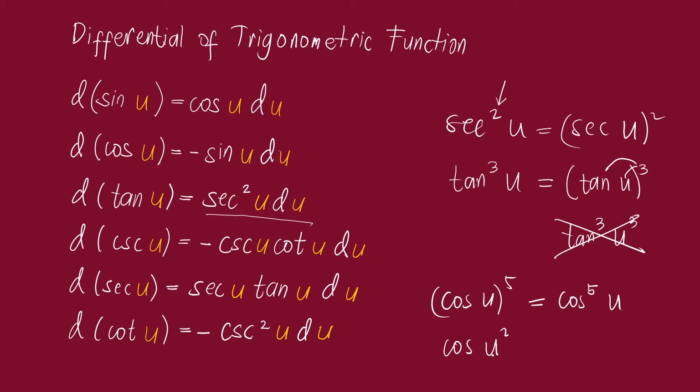That means that u is being raised to 2, not the whole function. So that means that the argument of the cosine is u squared. So this is not similar to cosine squared u. That is not equal. So before we begin, I just want to clarify these things.